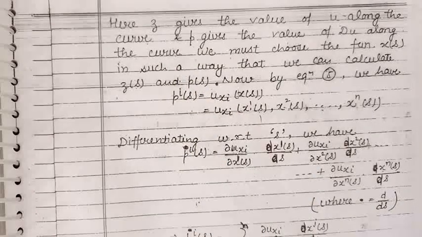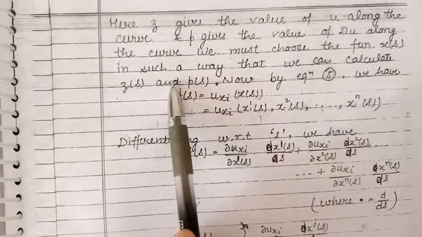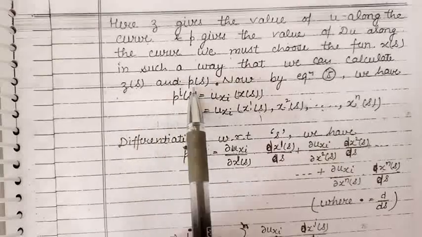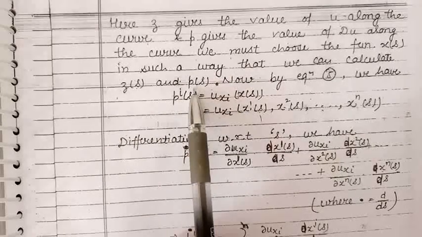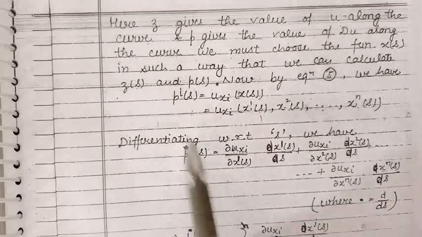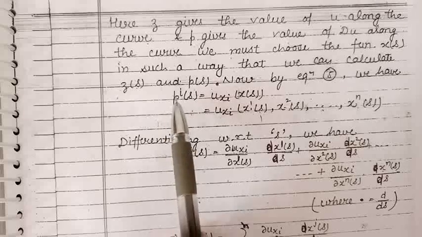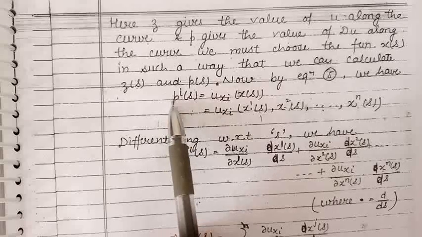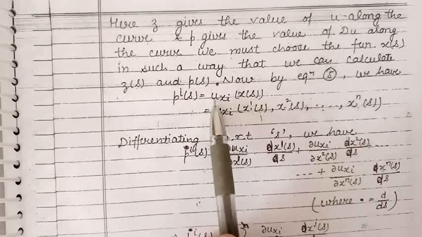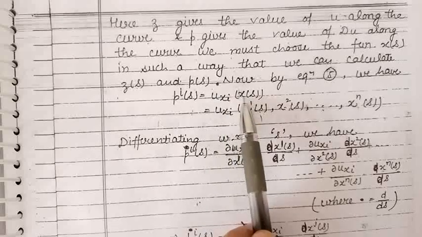Now we must choose the function x in such a way that we can calculate the values of function z and p. To find these values, let us differentiate equation 5. From equation 5, we have the value of pi is equal to the partial derivative of u with respect to xi, and these are functions of x.